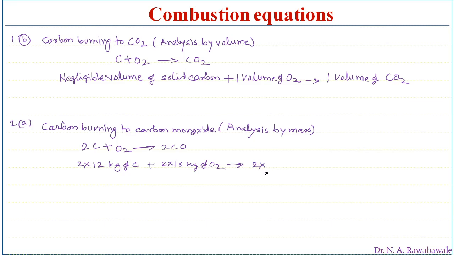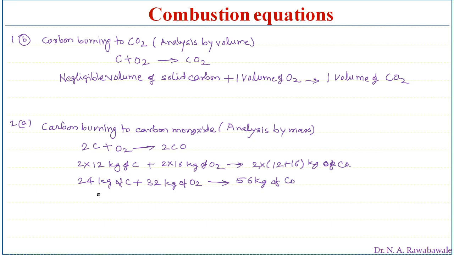The molecular mass of carbon monoxide is 12 plus 16, that is 28, 28 into 2 is 56 kg of CO. On simplification, 24 kg of carbon combines with 32 kg of oxygen, producing 56 kg of carbon monoxide.